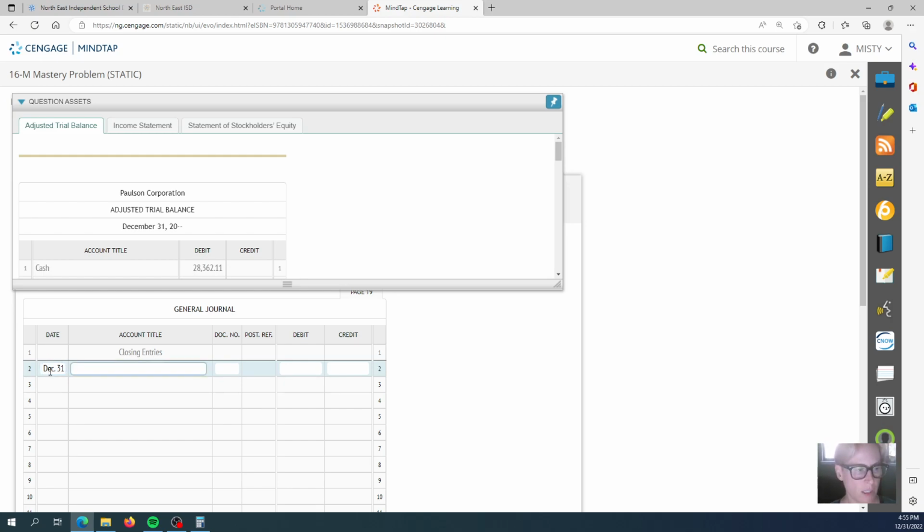And the first thing we need to start off with are sales, purchases discount, purchases returns and allowances, interest income. That is everything that has a credit balance.